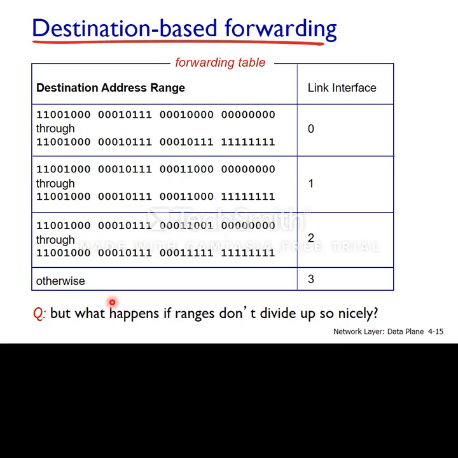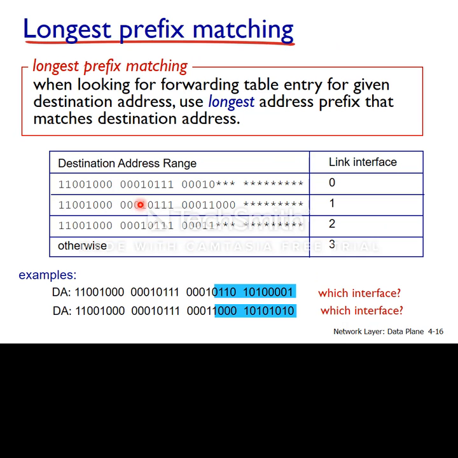This leads us to the question: what happens in this case? The addresses divide up very nicely, but it's also possible that these could overlap. So the question is, what happens if these ranges don't divide so nicely? Well, on the internet, what we use is something called longest prefix matching. Essentially, when we're looking for a forwarding table entry for a given destination address, we use the longest address prefix that would match the destination address.